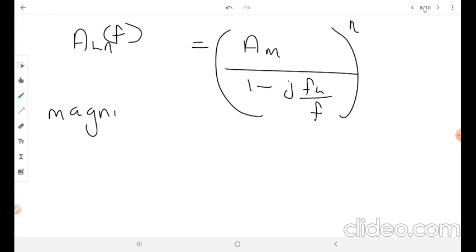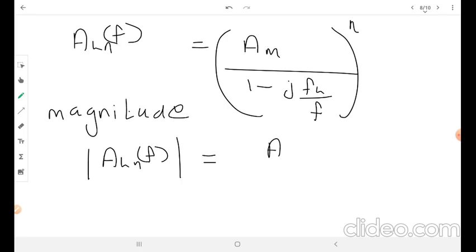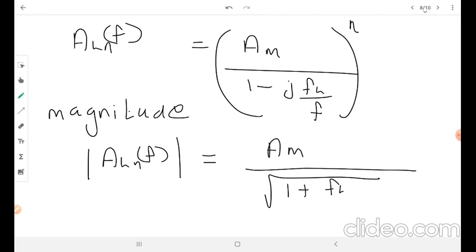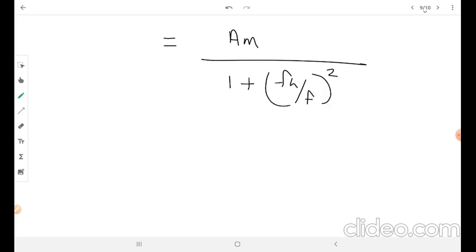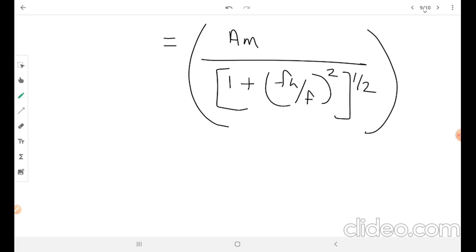The magnitude of ALN of F is equal to AM divided by the magnitude of 1 plus FL divided by F all squared, all raised to 1 by 2, then all raised to n.